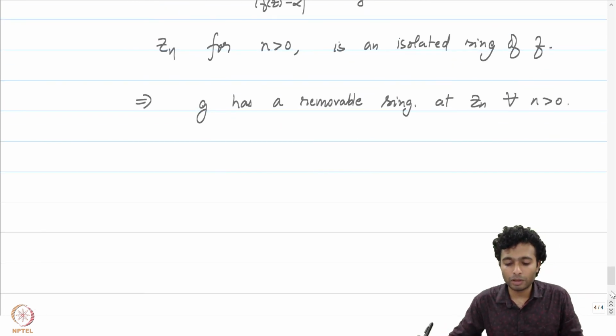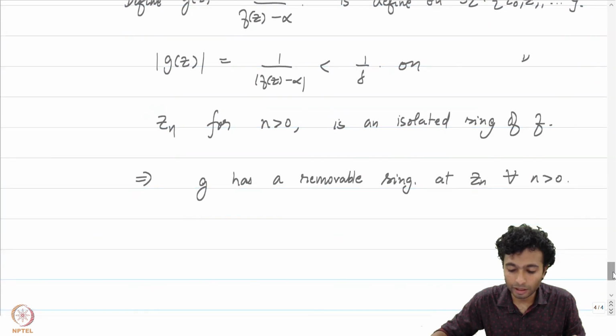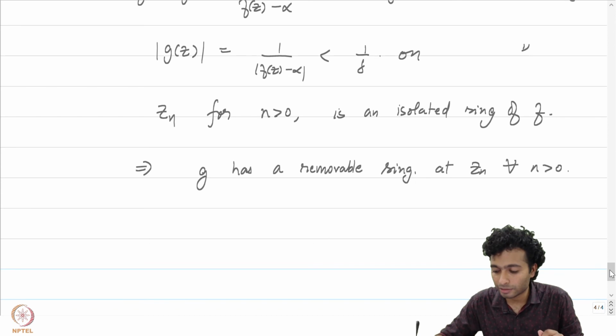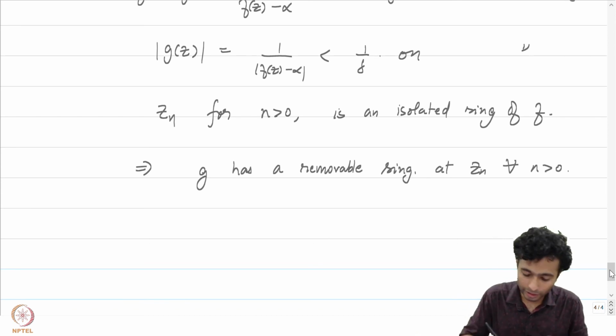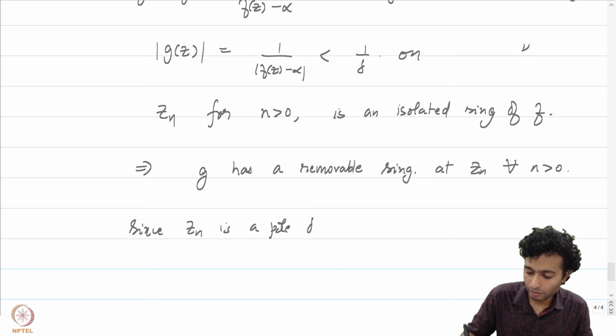But what do we know about our function f? We know that zn for every n greater than 0 is a pole of our function. Since zn is a pole of f, we have g of zn equal to 0.